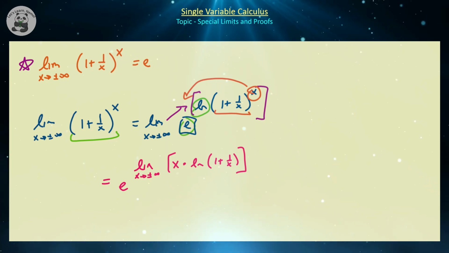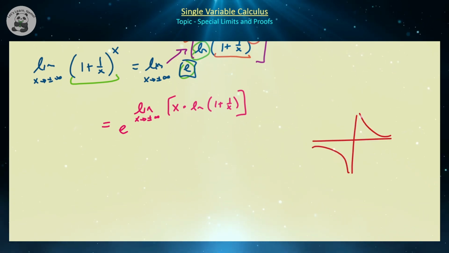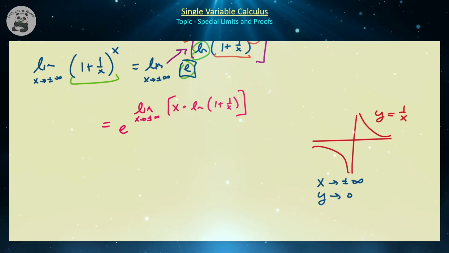Now, what I want to do is perform a little substitution here. So I want to introduce the function 1 over x, which we should know to be equal to this curve. So let y be equal to 1 over x. Notice that as x gets close to plus or minus infinity, y gets closer and closer to 0. So I want to rewrite this expression such that I have 1 over x there and a 1 over x somewhere else.